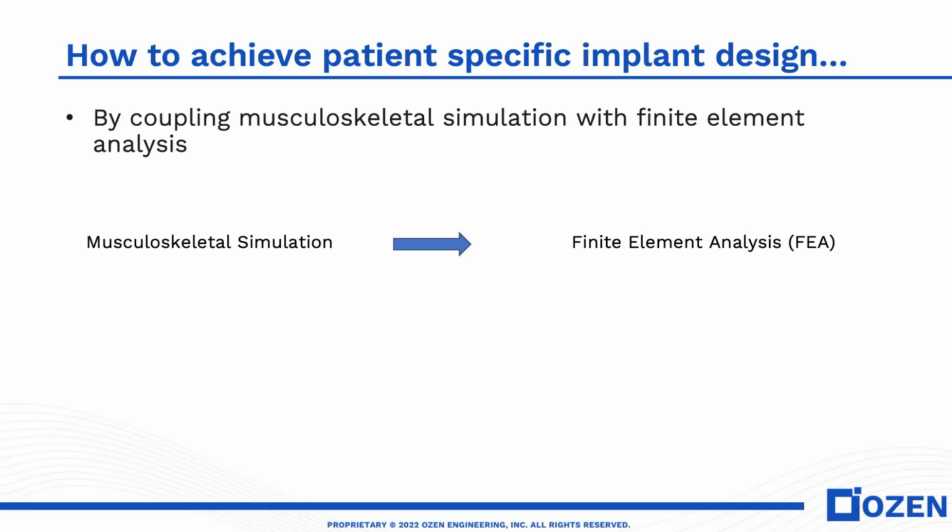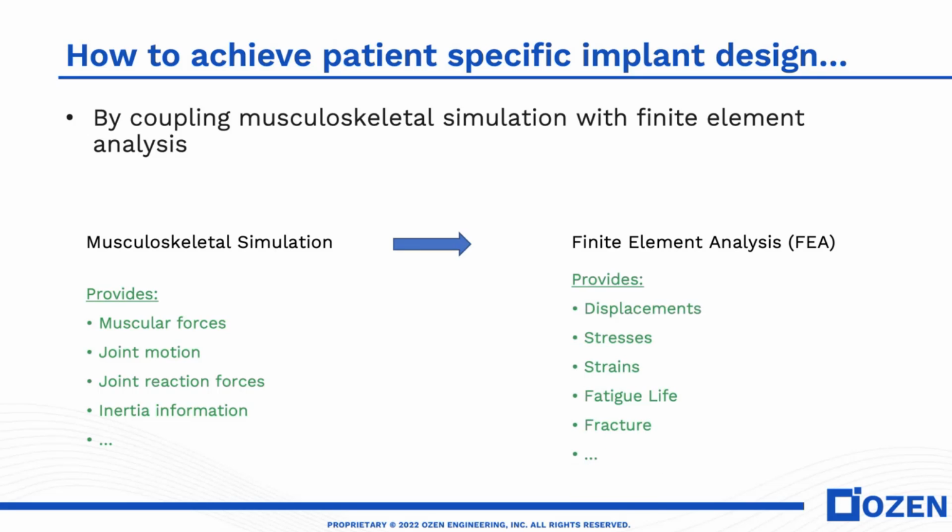So we'll just jump right into the topic. How do we do this? We do this by coupling musculoskeletal simulation with finite element analysis. The musculoskeletal simulation provides muscular forces, joint motion, joint reaction forces, and all the inertial information that's needed for finite element analysis.